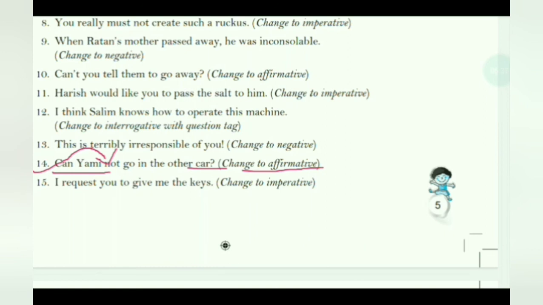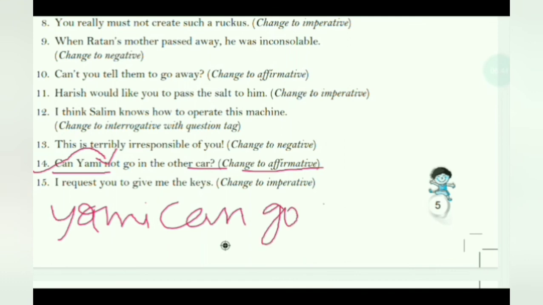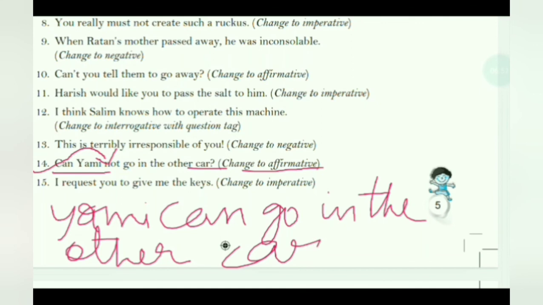Let's bring "can" after Yami. It would become, "Yami can go in the other car." Clear? And a full stop at the end as it's a declarative sentence.